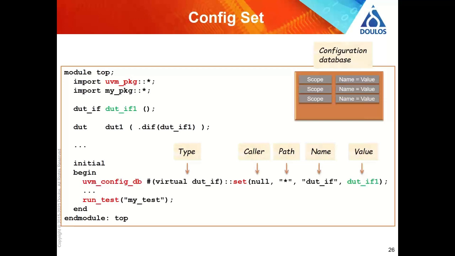Now, this is very powerful because we can actually use wildcards here. If we put a star there, that's fine for a simple example, because that means that this name value pair can be picked up from anywhere inside our UVM environment. For a real test bench, that would be a really bad idea, because we may have lots of interfaces with names that just happen to be the same, and we don't want to have clashes.